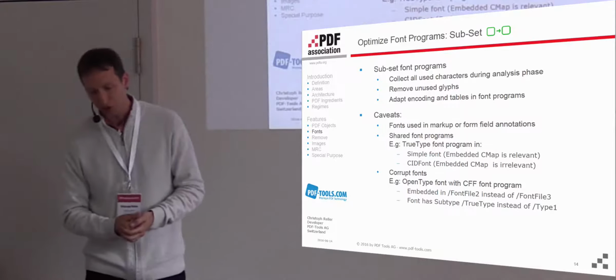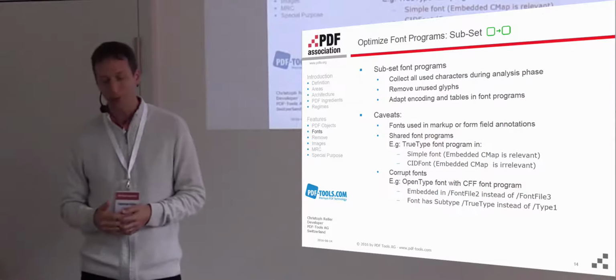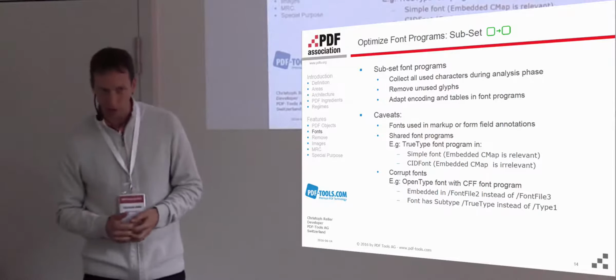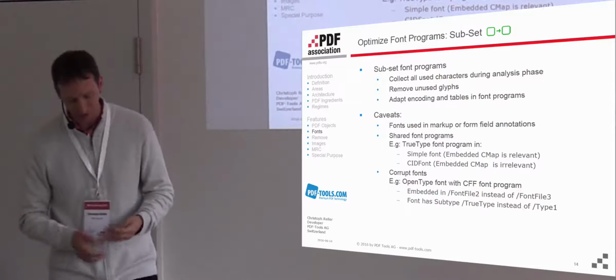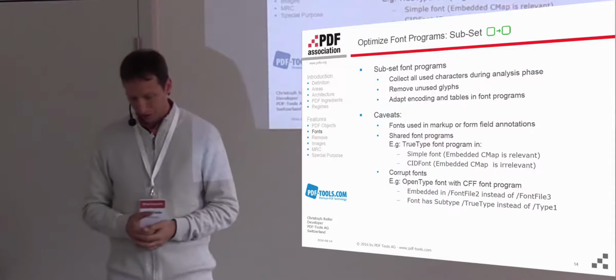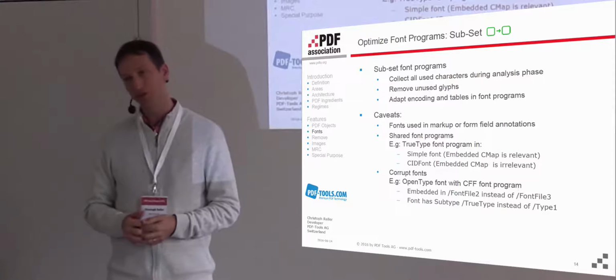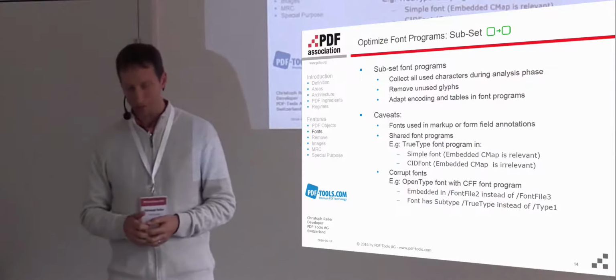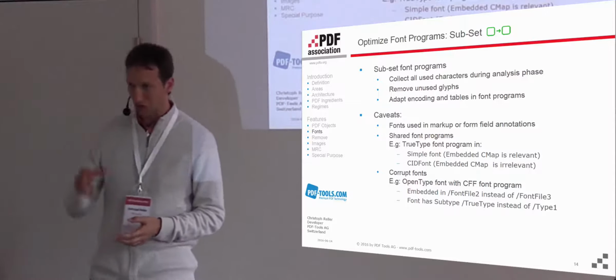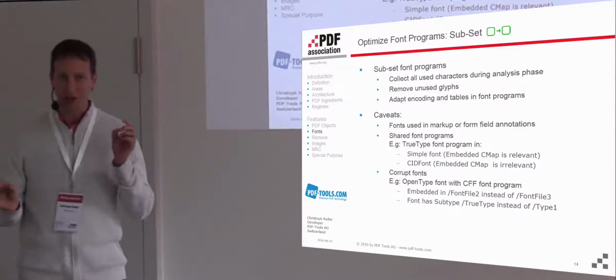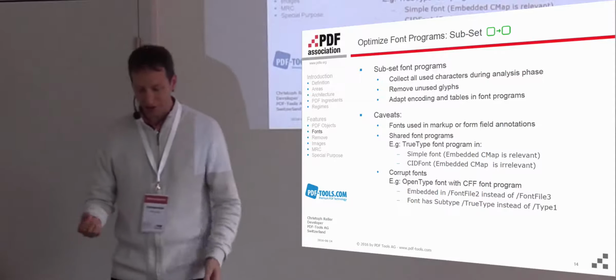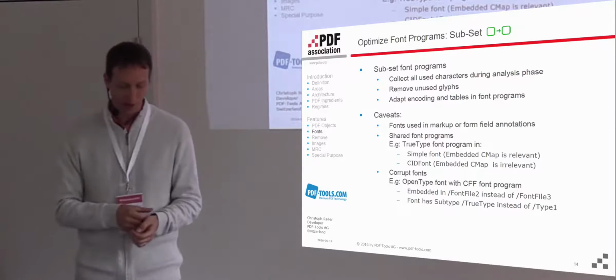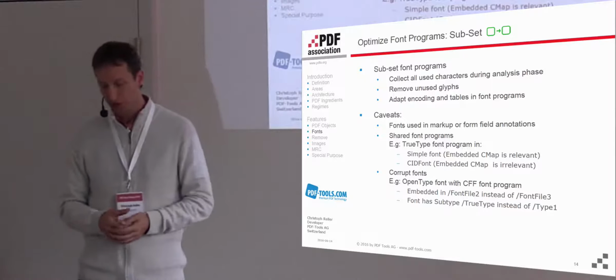Fonts used in markup or form field annotations usually should not be subset, because otherwise you will not be able to type an arbitrary text there. And for shared font programs, things turn out a little bit difficult because of this mapping from show string to glyph. That works differently for, let's say, simple fonts and CID fonts.